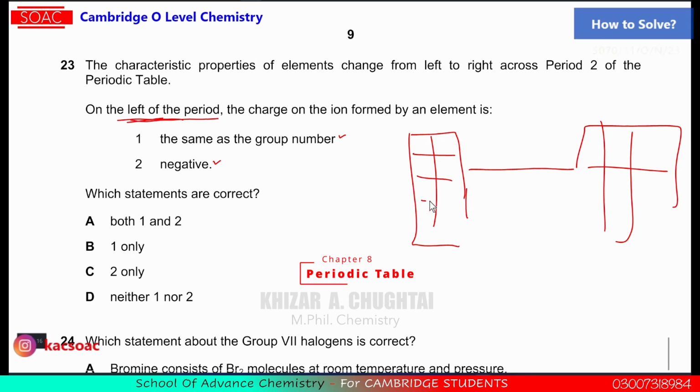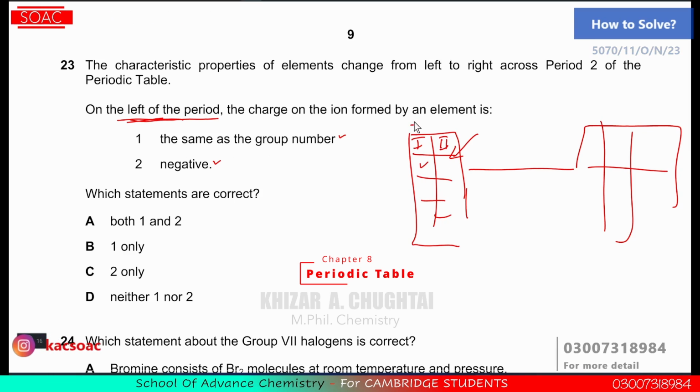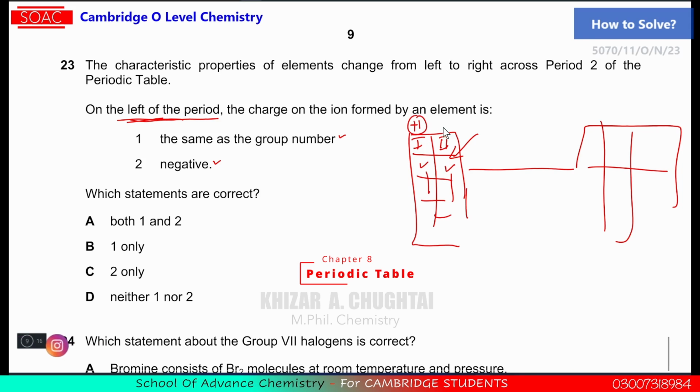And he is saying the same as the group number. Yes, group 1 elements show a +1 charge and group 2 elements show a +2 charge. It is correct. And are they negative? No, they do not make negative ions. They always make positive ions. So only one is correct. B is the correct option.